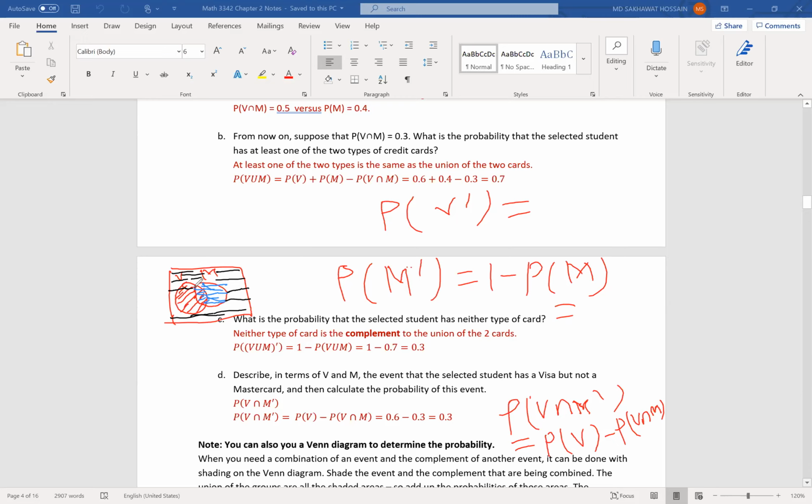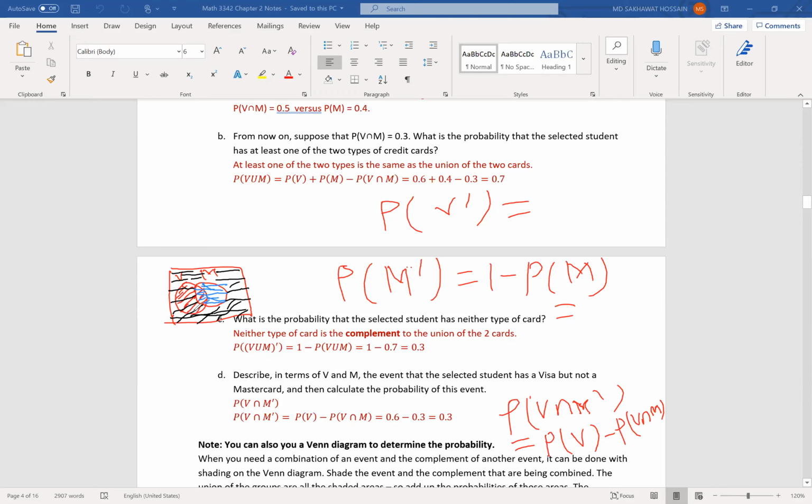So now we have to find the area of the intersection of V and M complement. The black area is M complement and V is the red area.